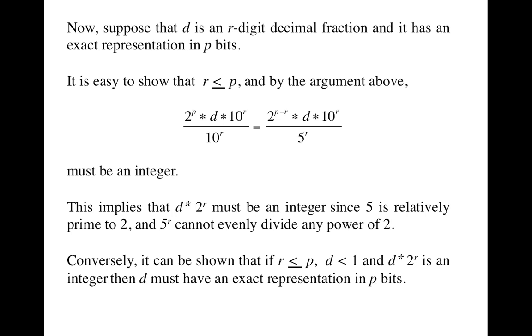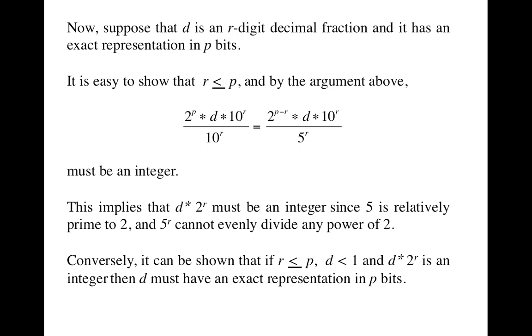So now we already said that 2 to the p times d would be an integer for this number to be representable in p digits or p bits. By the way, you can also show that r itself, the r we picked here, will have to be less than or equal to p. In other words, it takes more bits to represent a decimal number with r digits than r itself.